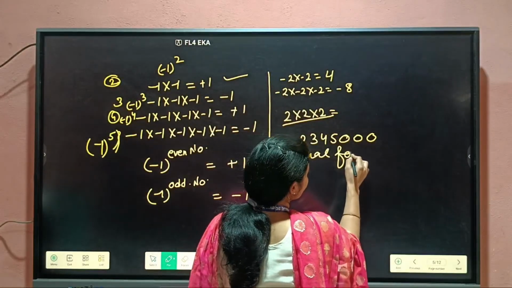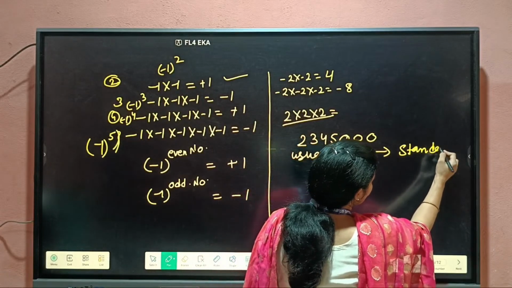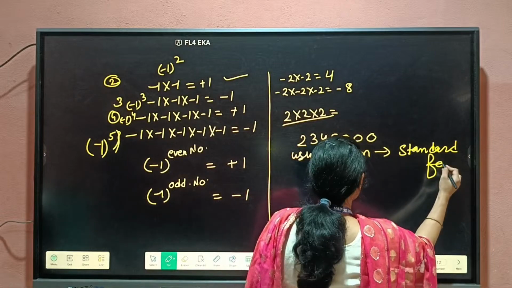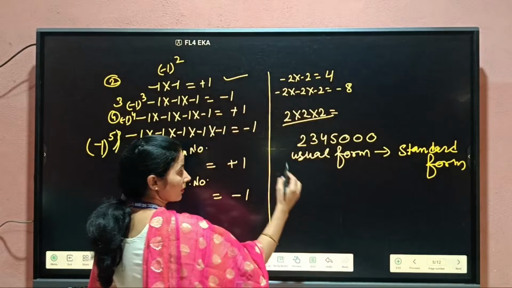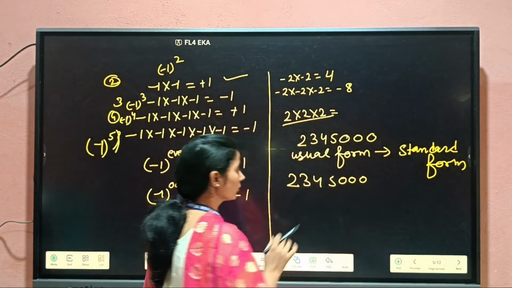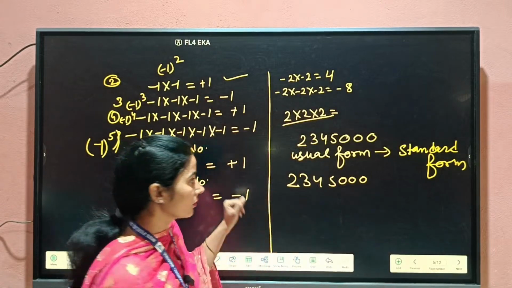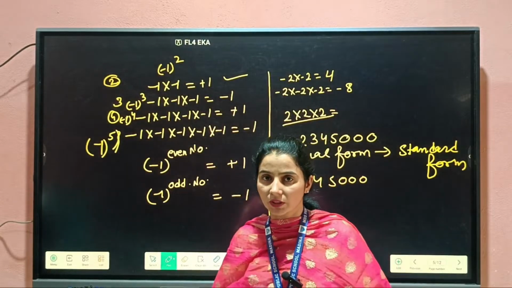Usual form, I want to convert into standard form. See what is standard form. Usual form, write this number as it is. In usual form and in standard form, what is the difference? In standard form, my answer will be 10 raised to power something.